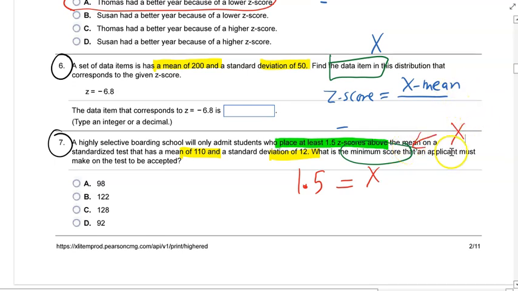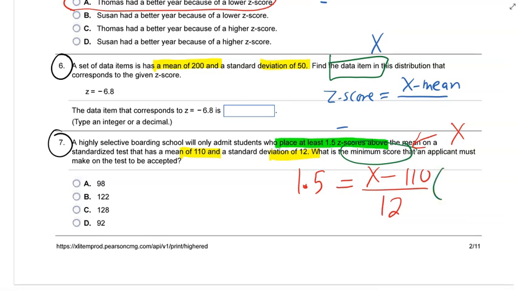X is the data item here, minus the mean, which is 110, divided by the standard deviation, which is 12. Again, the z-score equals the data item we are looking for, minus the mean, divided by the standard deviation. Now you solve for X, which is what we're looking for.